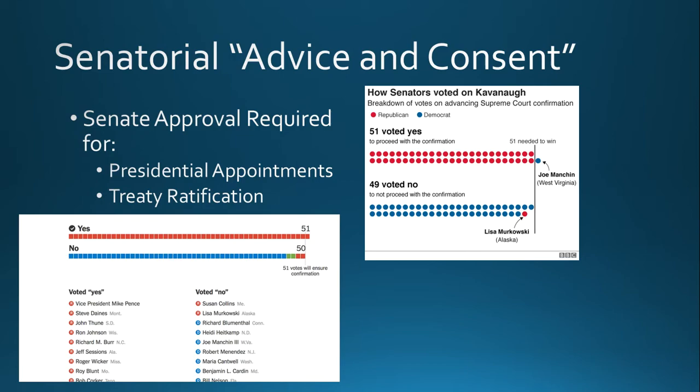So please make note of that. Advice and consent on appointments requires a majority of the Senate. Advice and consent on treaty ratification requires 2/3 of the United States Senate.